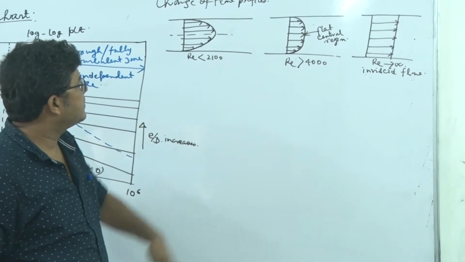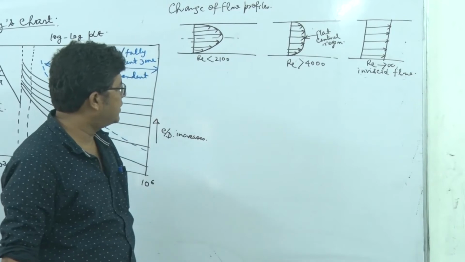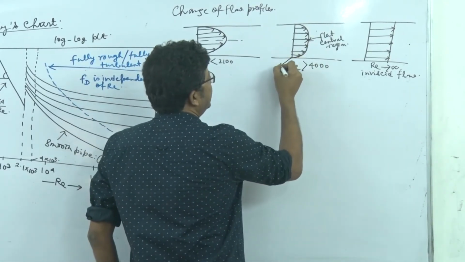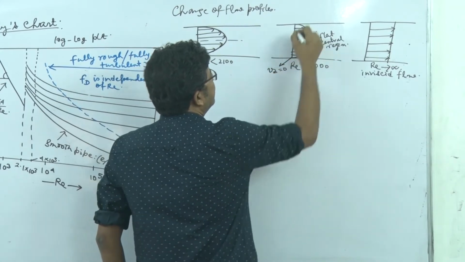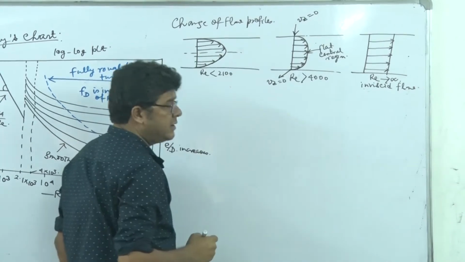Now if we focus on this type of turbulent flow, though it is flat and pretty high, at the wall Vz is equal to 0.